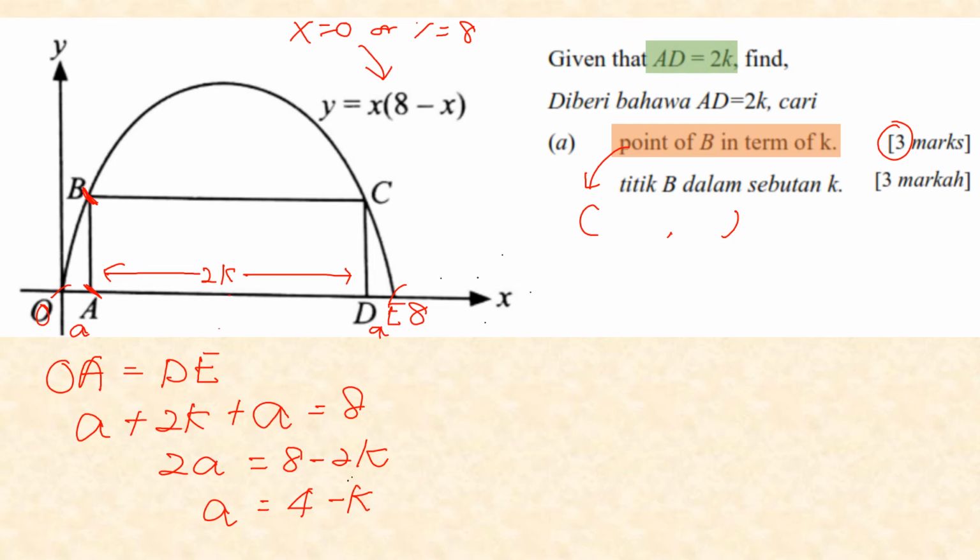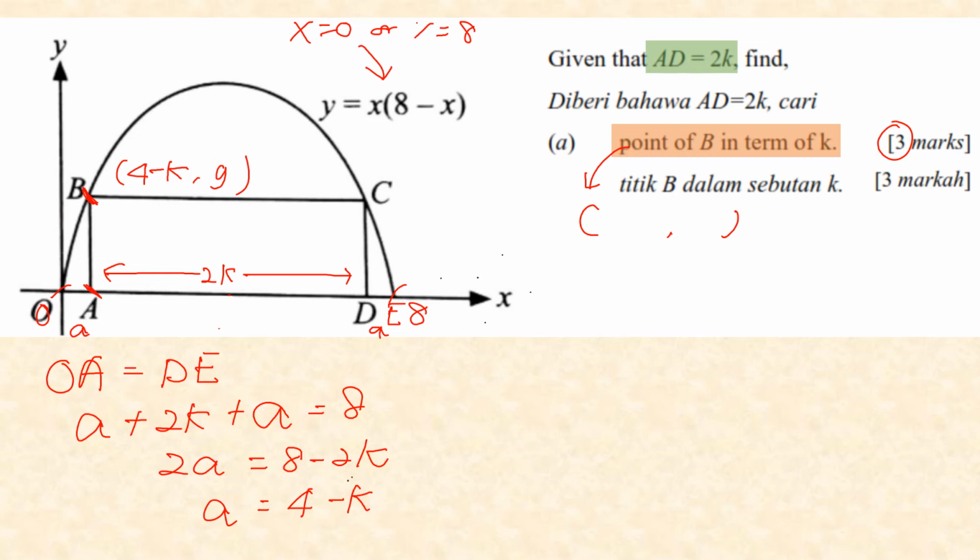Do you agree? Meaning that for the coordinate of B, it should be (4 minus K, y). So I need to know what the y coordinate is.